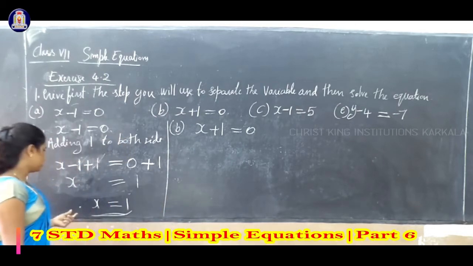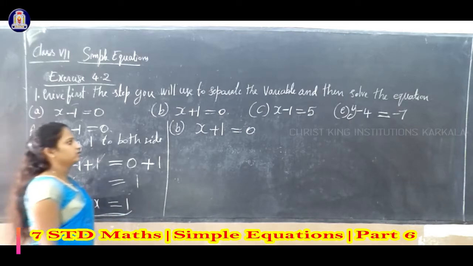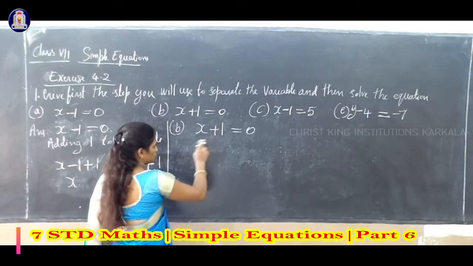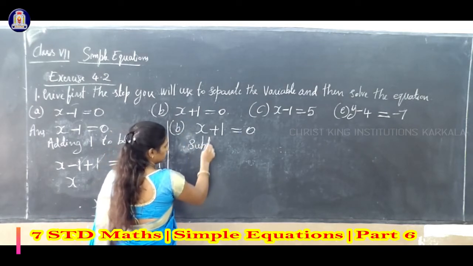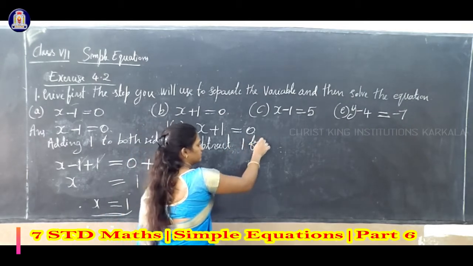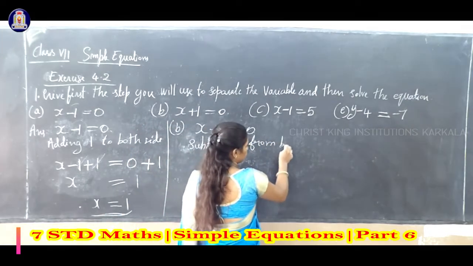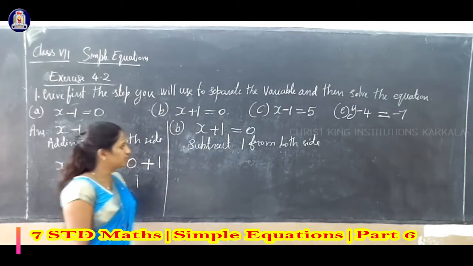The answer of the first one, x value is 1. Clear? Now in the second question, subtract 1 from both the sides.